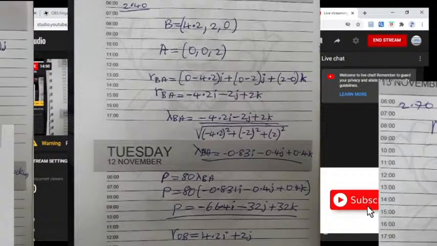So there we go. What is appearing there on the screen?